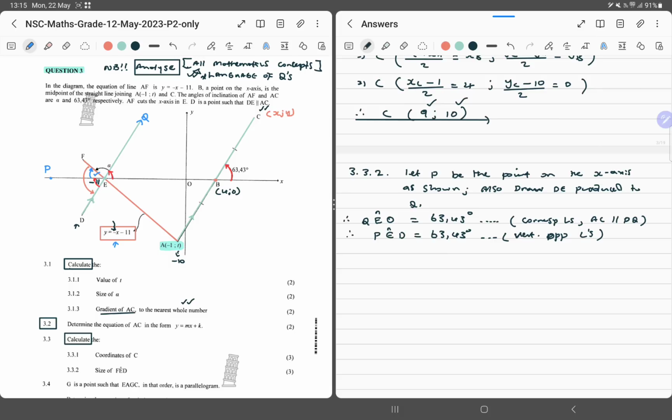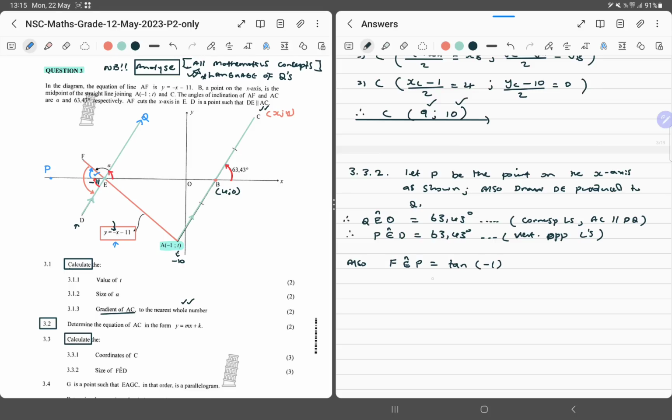Number two, we know for a fact that, let's name an angle first of all. FEP is equal to the tangent inverse of -1, which is the gradient of that line AF.